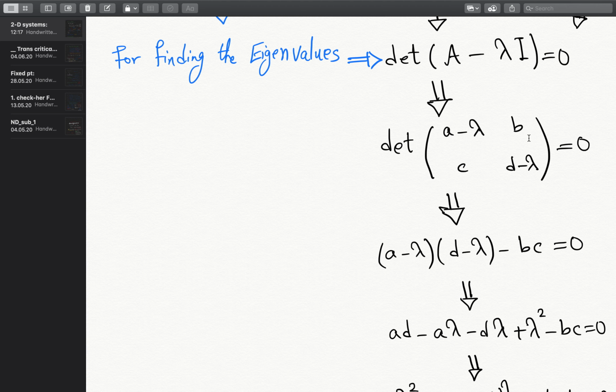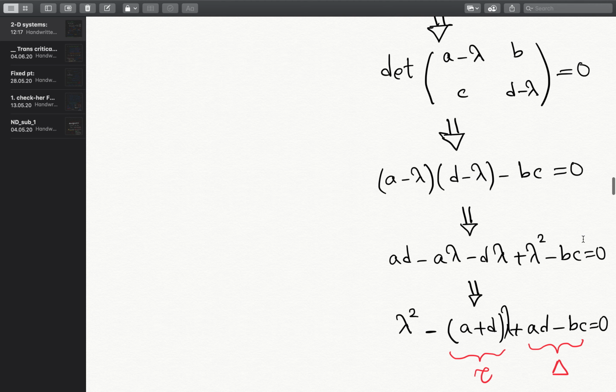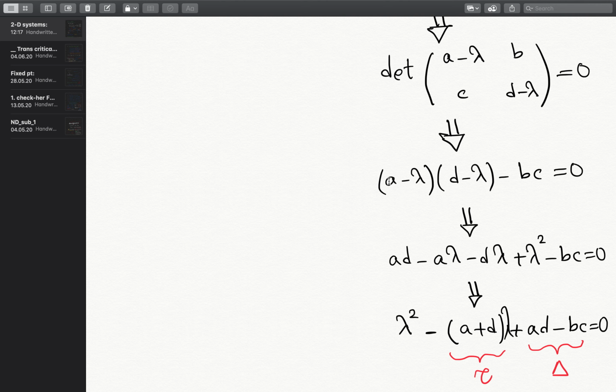So it's going to be A minus lambda times D minus lambda minus BC should be equal to 0. And therefore I just say that A times D, minus lambda times A plus D, plus lambda squared, minus BC is equal to 0.